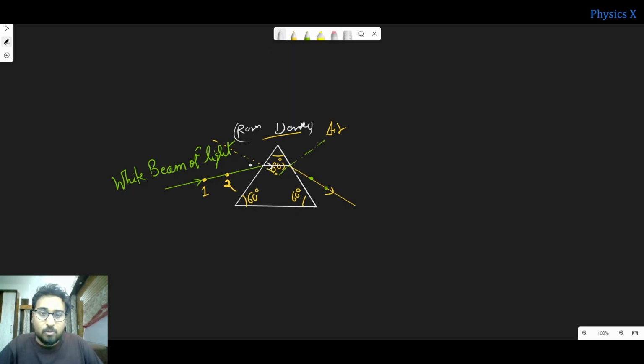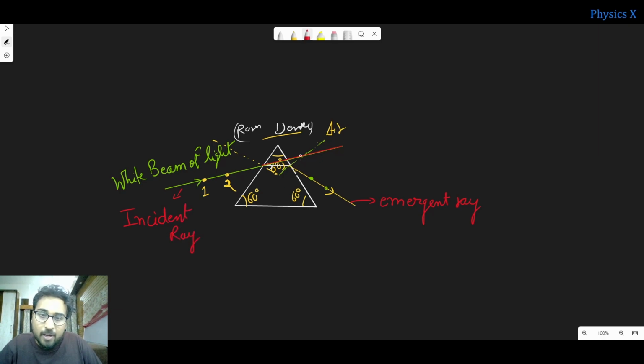Suppose this incident ray is traced backwards like this. Let me change the color so that you can see. This final refracted ray, emerging from this surface, is called the emergent ray. This one is called the incident ray.